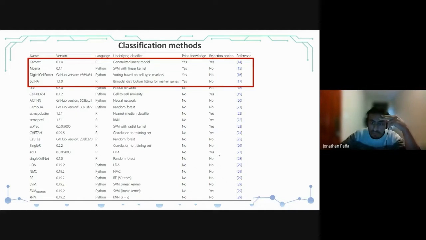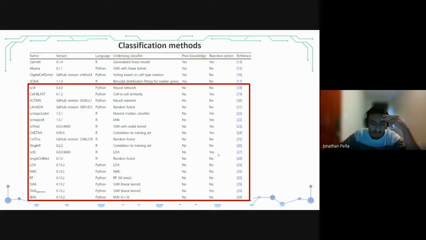And the other was supervised methods, in which a training dataset is required, with labels of the corresponding cell population, in order to train the classifier. The classification methods use languages like R or Python. And there are several types of methodologies that they use.